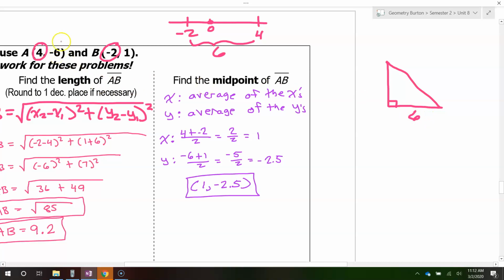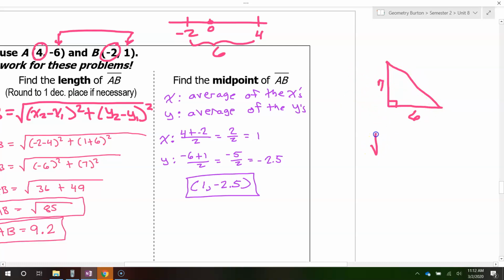Now, how about the y values? Okay, the y values are the negative 6 and the 1. How far apart are they? All right, if you can see that these are 7 apart, then this method is a good one for you. So I could just quickly do the Pythagorean theorem to find the hypotenuse, and that's going to be the length of the segment.